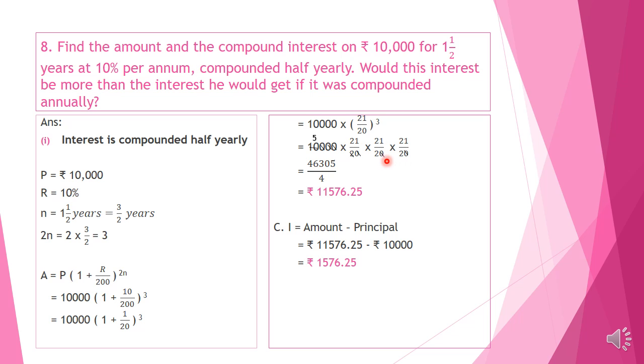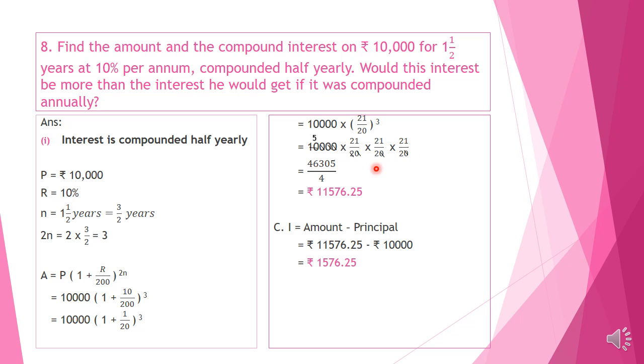And here children we have denominator side 3 zeros and numerator side in 10,000 we have 3 zeros. So that we can cut. Then we get 10 and 2. Here 2 we have and 2. 1, 2 we can cut by 10 and we get upside 5. So numerator side we have 5 into 21 into 21 into 21. And denominator side we have 2 into 2 left with.